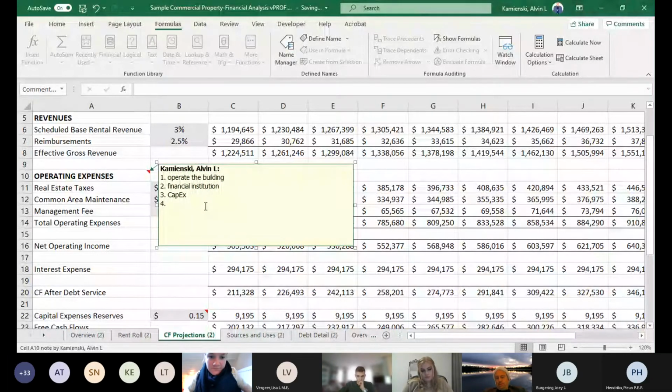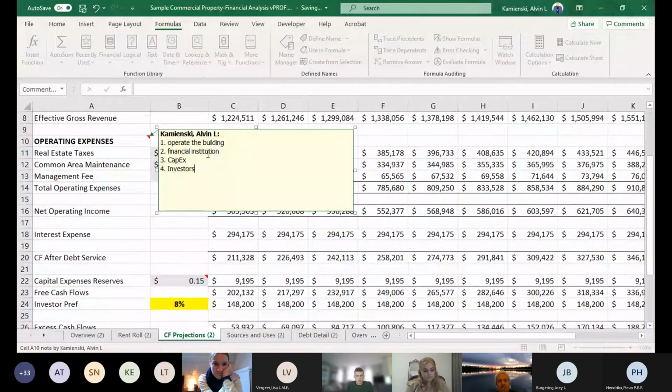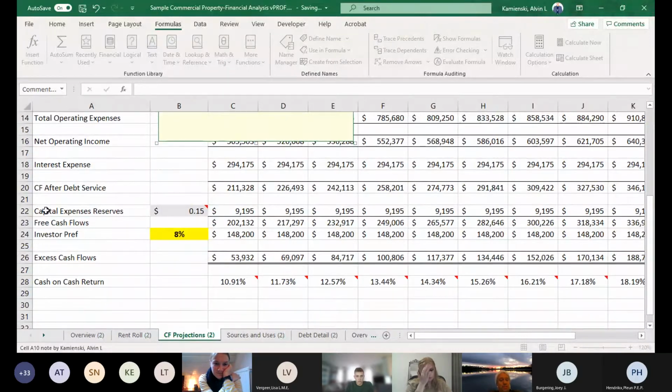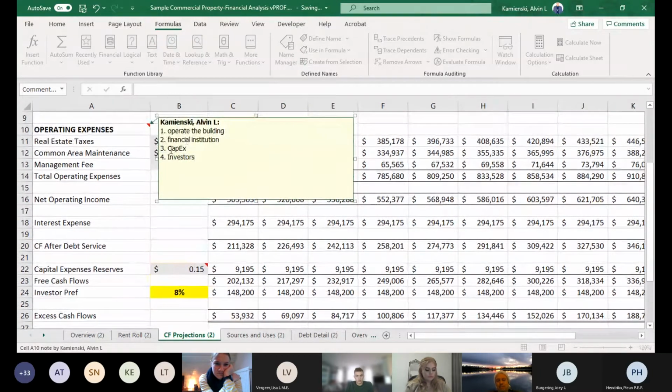And then after we pay for significant upgrades to the building, then we have money for the investors left to pay. So if you look at it here, the first thing we have to do is pay to operate the building. Number one is all there. After we pay to operate the building, we have to pay the financial institution. That's the interest expense piece here. After we pay the financial institution, we have to reserve some money to be able to make capital improvements or capital expenditures, which we call CapEx.